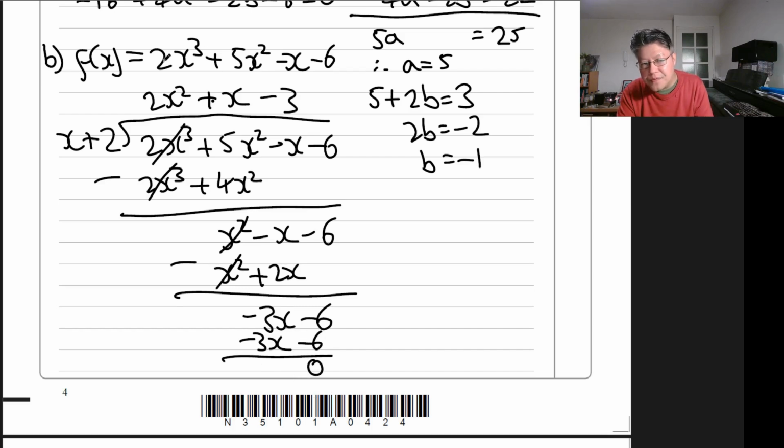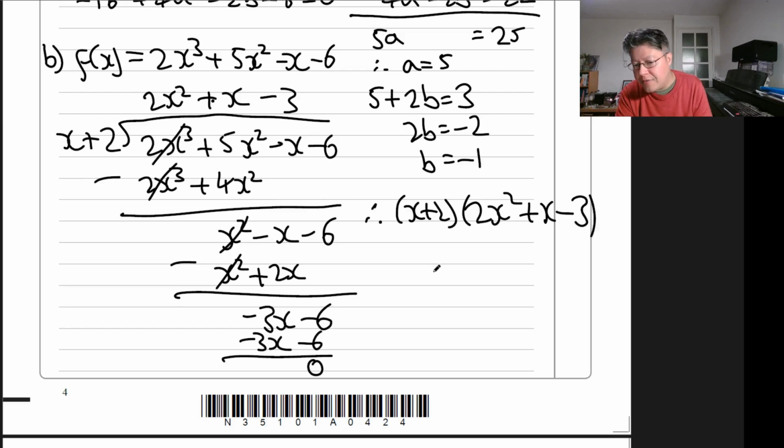So therefore, f of x should equal x plus 2 multiplied by 2x squared plus x minus 3. So we get x plus 2 times 2x squared plus x minus 3, and finally we just have to factorize this quadratic. So therefore we get x plus 2, and we should get a double bracket.